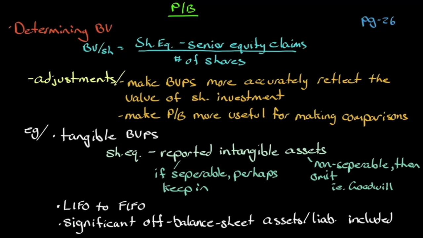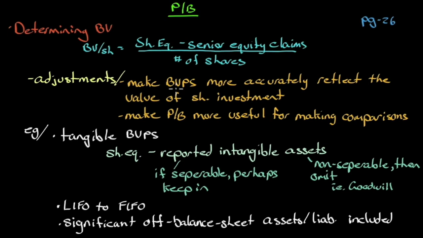Moving on now to determining book value. As we've said at the top of this section, book value per share can be found by finding shareholder equity, subtracting any senior equity claims, and then dividing that by the number of shares. And I said at the time that's a kind of naive way to get to it. It's our first move. But from that, we need to ask ourselves, do any adjustments need to be made? Well, why would we make adjustments?